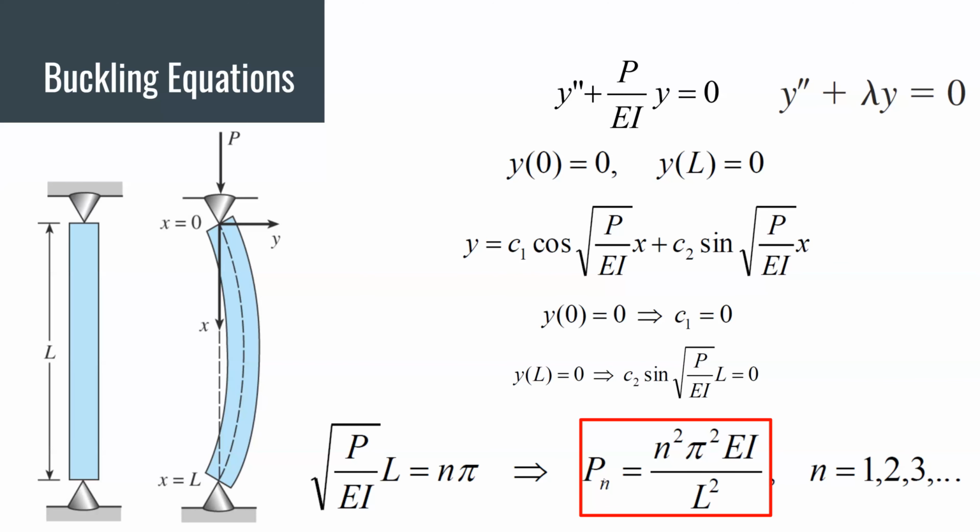And this gives you your critical load as a function of n, where n is your load multiplier, which as you increase n, this solves the equation and increases the buckling load.